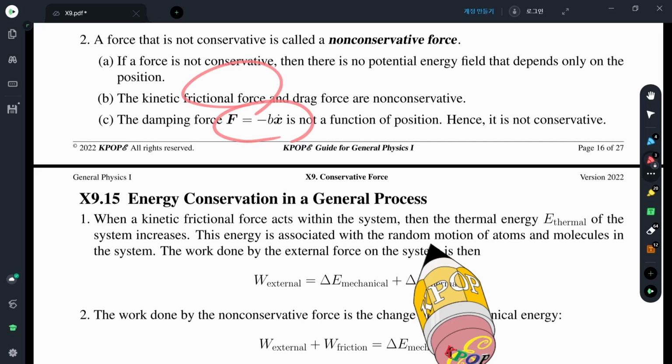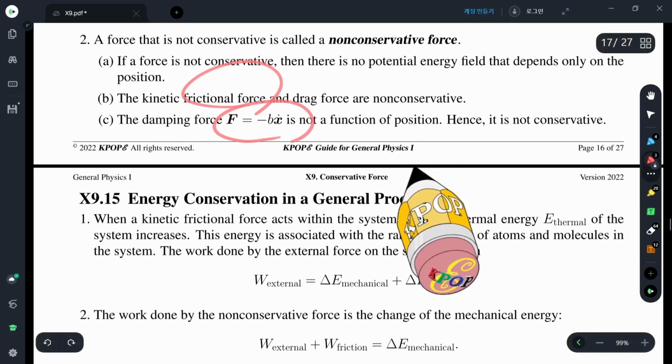The body has a lot of particles, and their kinetic energy cannot be returned to another form. So it has been distributed to many particles. So I cannot control it. I cannot pay back. That does not mean energy is not conserved. The distributed energy cannot be controlled to return.